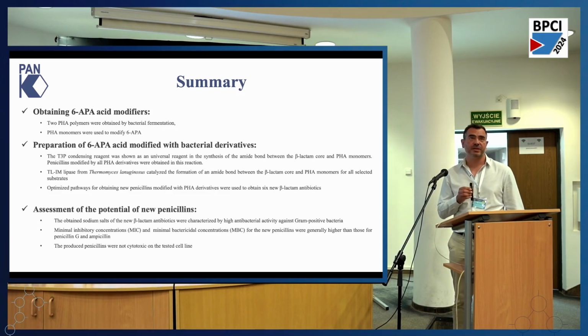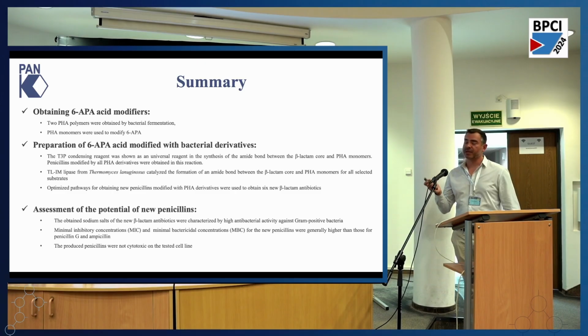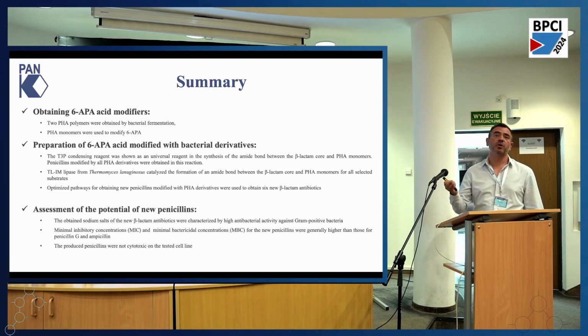But moreover, Wojtek is here also, he was modifying the 3-hydroxy group on the PHA monomers in order to introduce different biological activity by adding some halogenation onto it. And he was synthesizing actually the sugar esters. So this gate of the 3-hydroxy group on the PHA monomer opens even bigger routes to modify and discover new antibiotics that can in the future help us in the fight with bacteria.